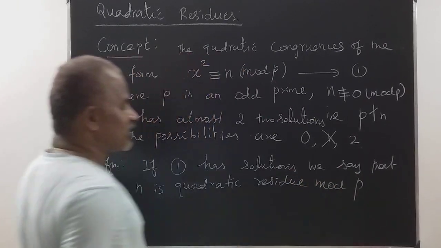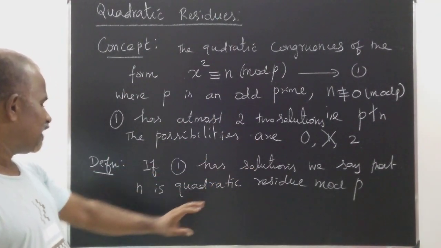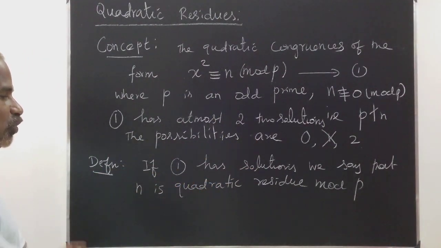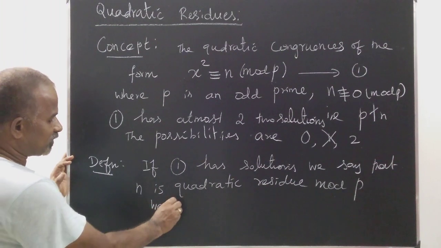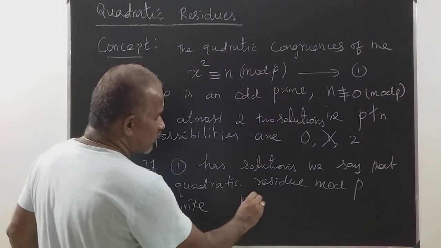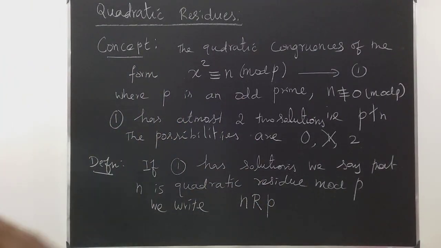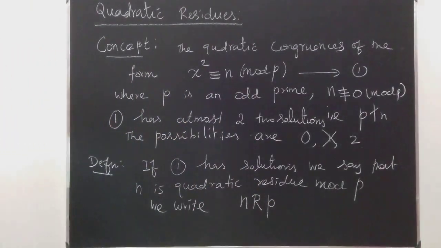This is most important. Suppose this equation has a solution, we say that n is a quadratic residue mod p, and we write it as n R p.